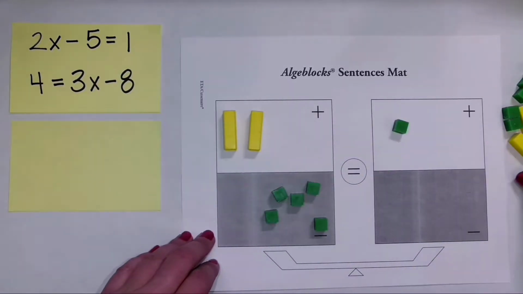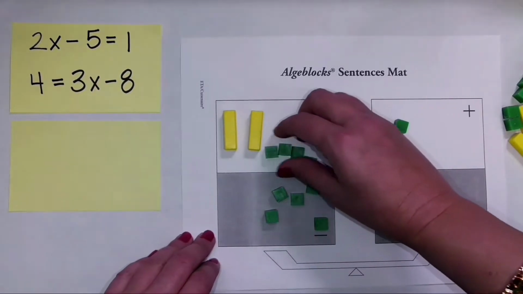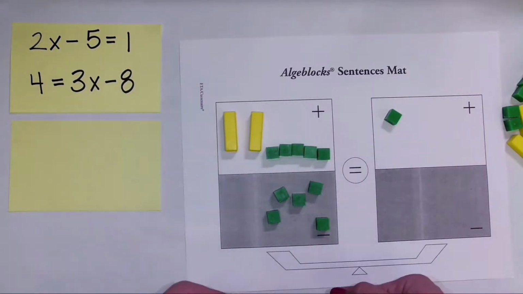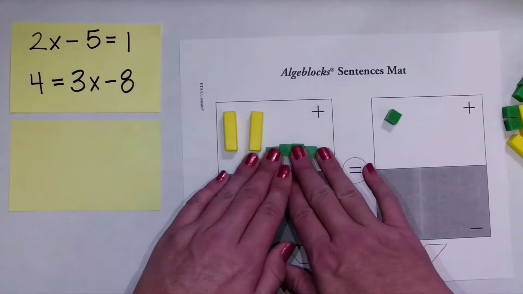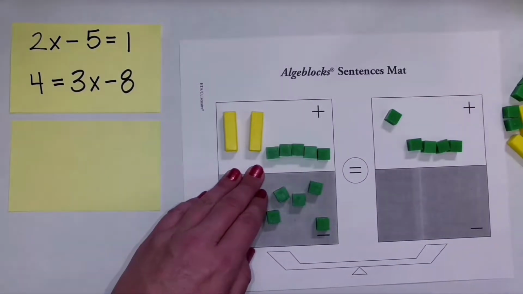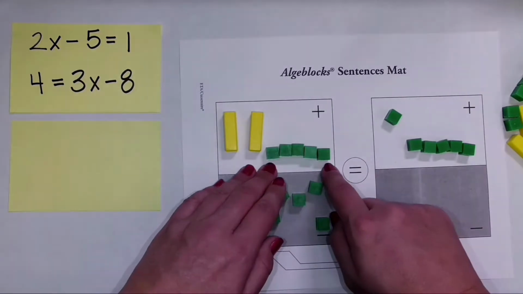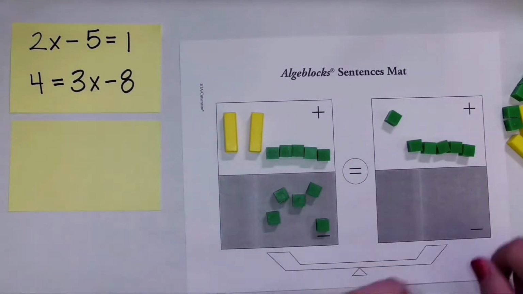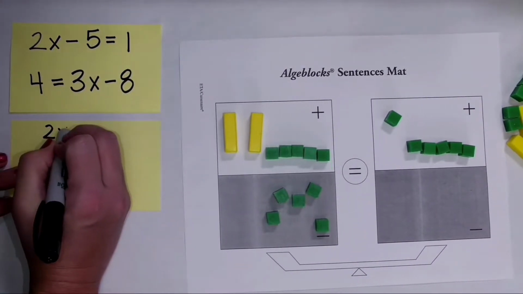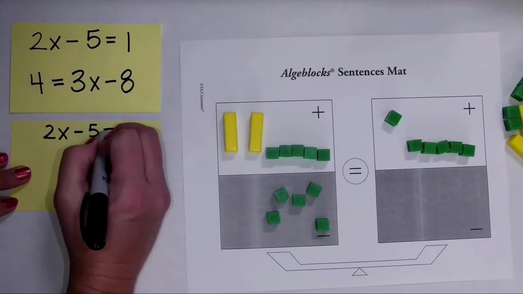So I'm going to create 5 zero pairs on this side of the equal sign, because then that would make this part equal 0. But remember, whatever you do to one side of the equal sign, you also have to do to the other. So if I brought in 5 positives here, I also have to bring in 5 positives here.